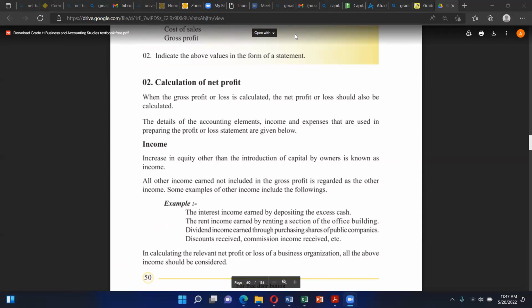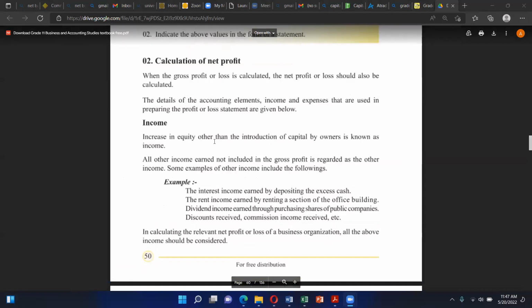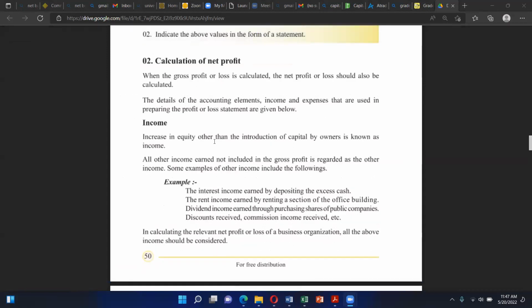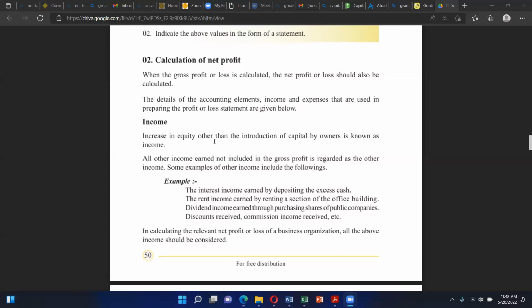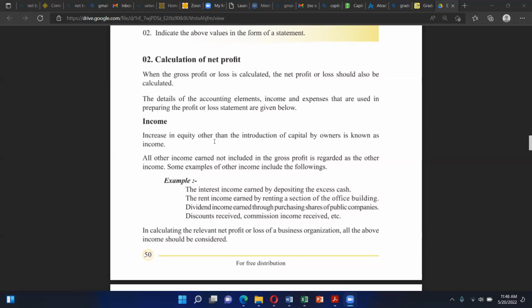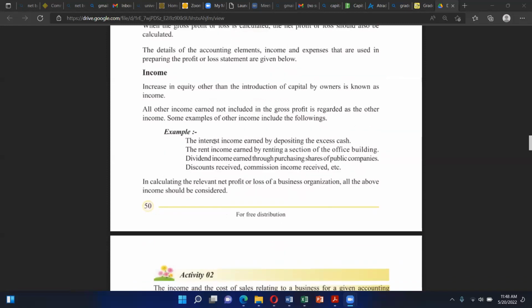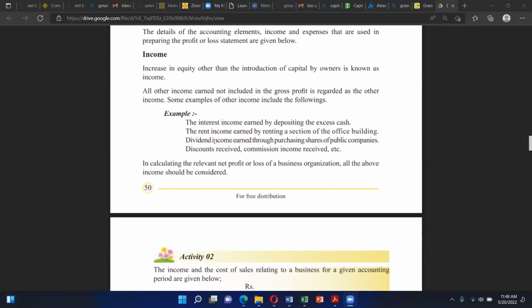Income: increase in equity other than the introduction of capital by owners is known as income. All other income earned not included in the gross profit is regarded as other income. Some examples of other income include the following: interest income earned by depositing excess cash, rent income earned by renting a section of the office building, dividend income earned through purchasing shares of public companies, discount received, commission income received, etc.